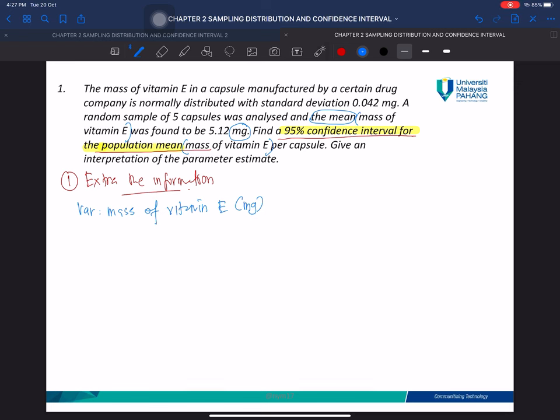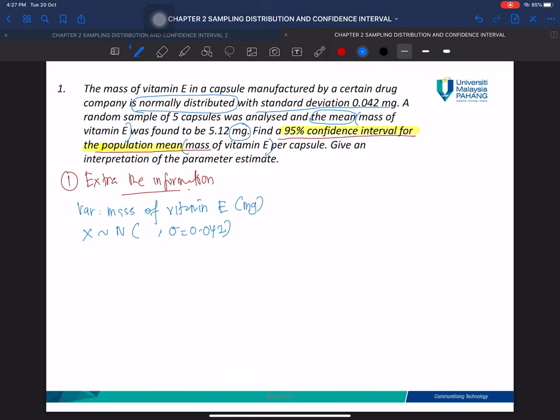The mass is normally distributed with standard deviation of 0.042 mg. So mass is the variable, x represents the variable here, normally distributed with standard deviation 0.042.